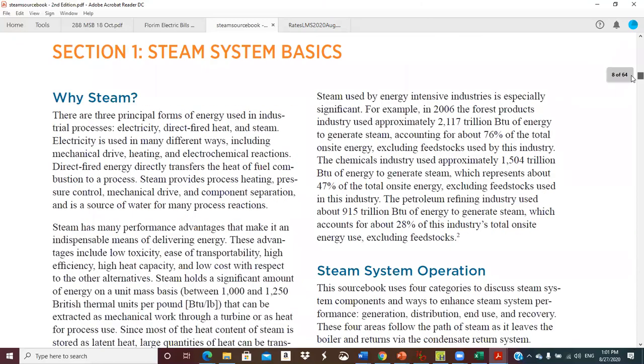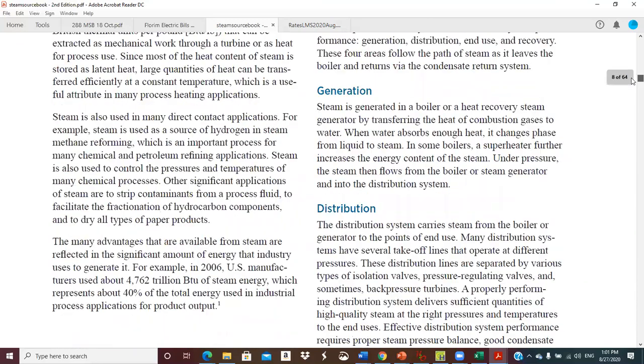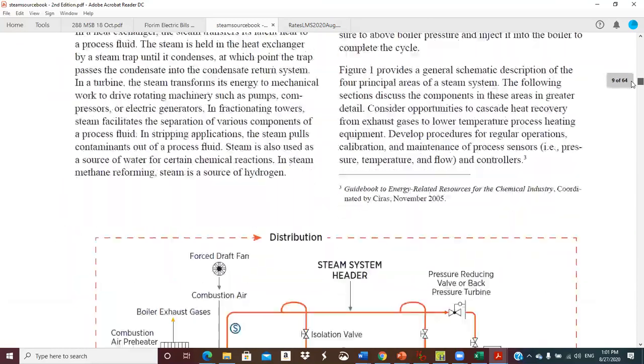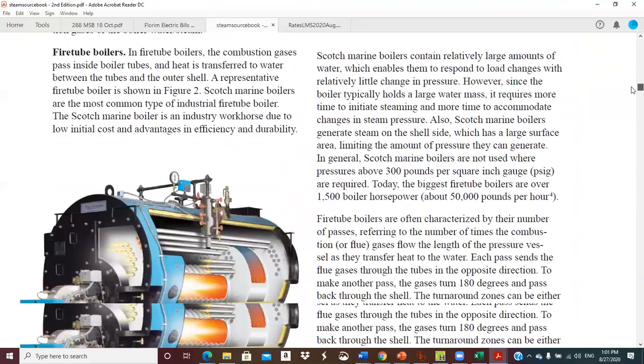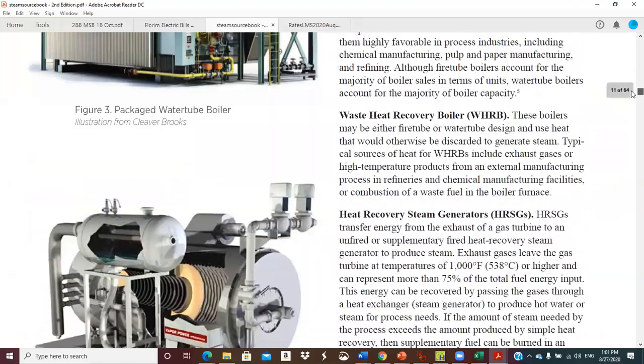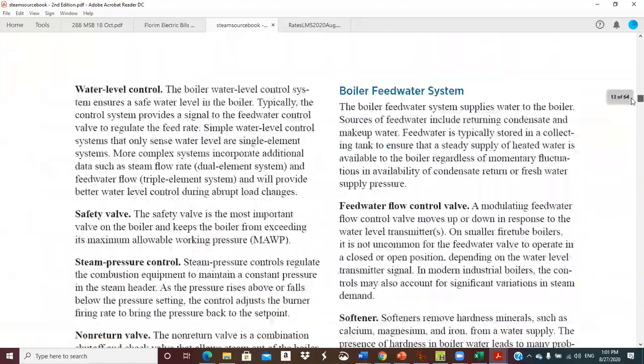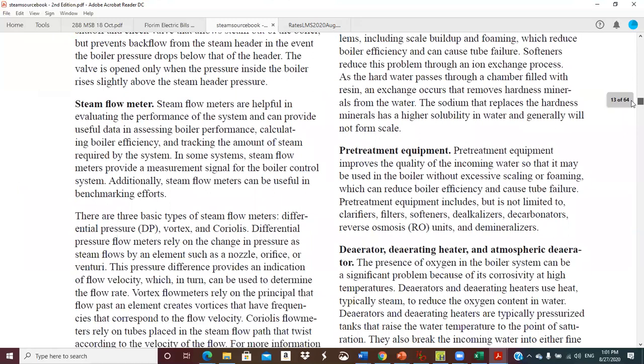Steam system basics: why steam, operation, generation, recovery. There's a little cartoon of a steam system. Shell and tube, boiler types. Some of this I'm going to lecture on in class, but anyway, it'll help your background on steam systems. So please be reading that.